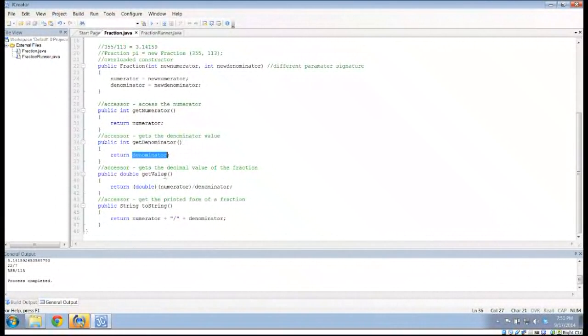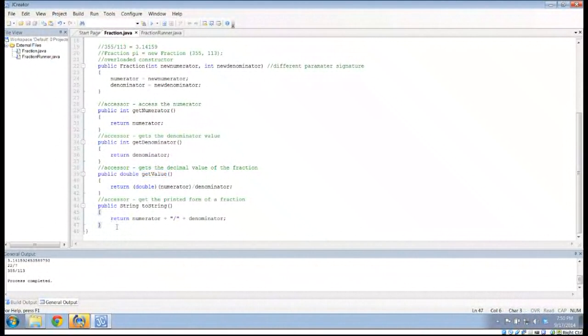One accessor called getValue, which actually calculated the value of the fraction and gave it to us to use as a double. And one that actually got the printed form of a fraction. I concatenated a string, and I return that string.